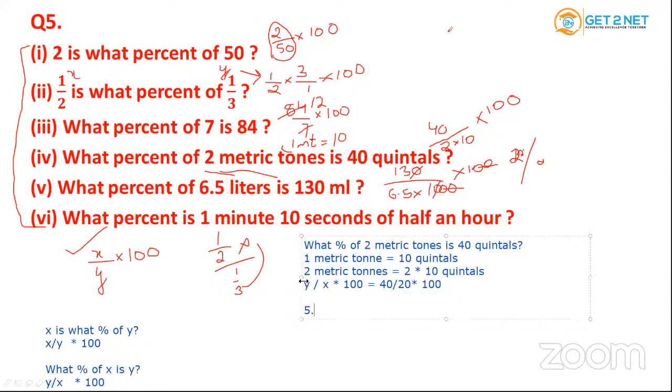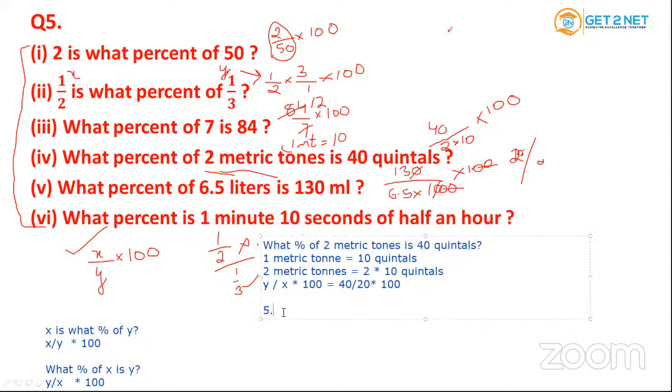Now let's talk about question number 5. It is asked, what percent of 6.5 liters is 130 ml? We know 1 liter is equal to 1000 ml. So 6.5 liters equals to how much? 6.5 into 1000, right?